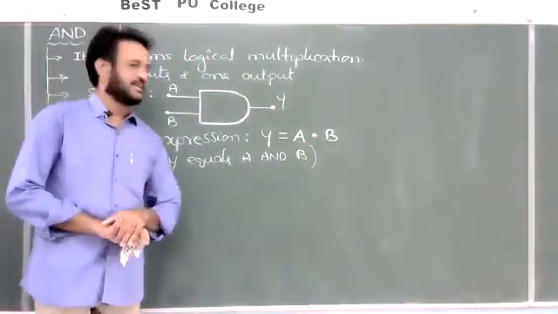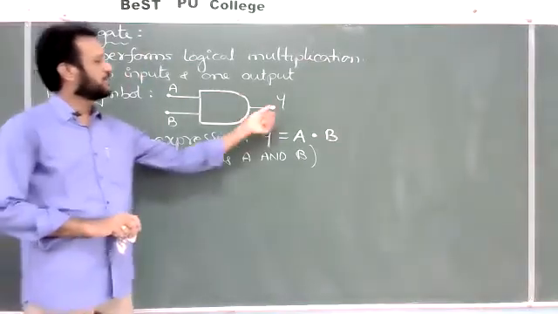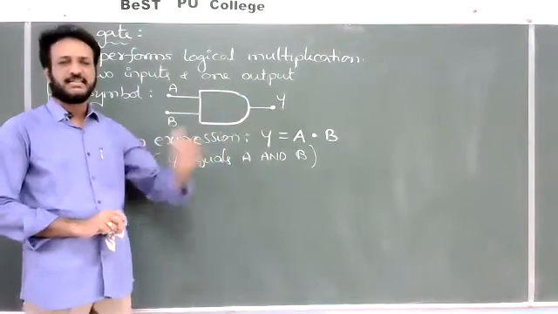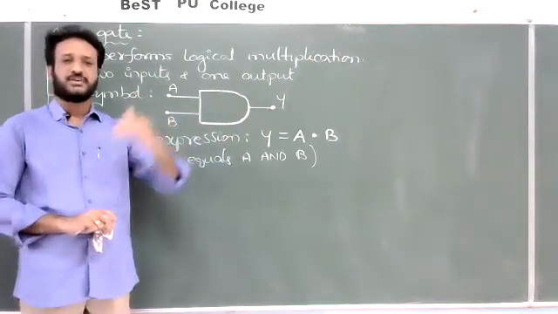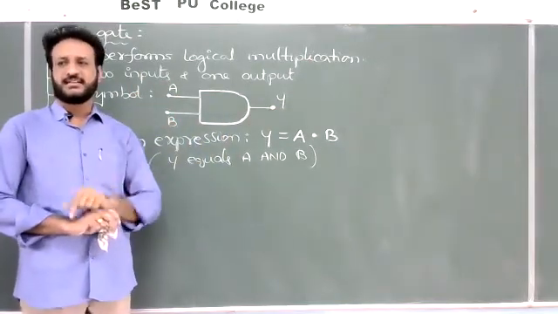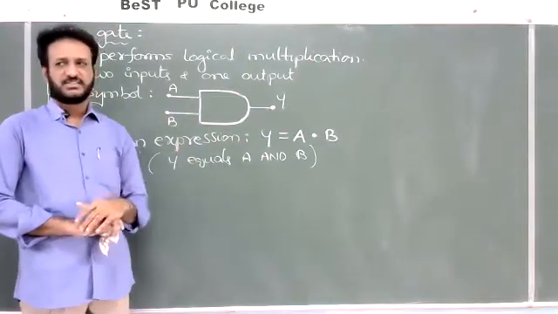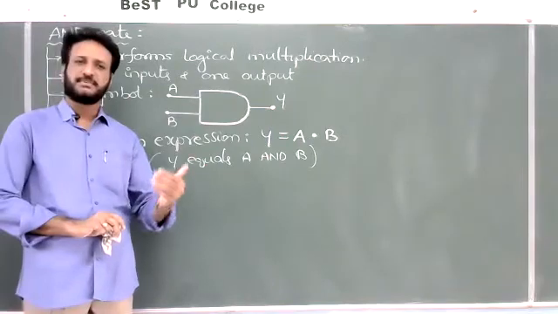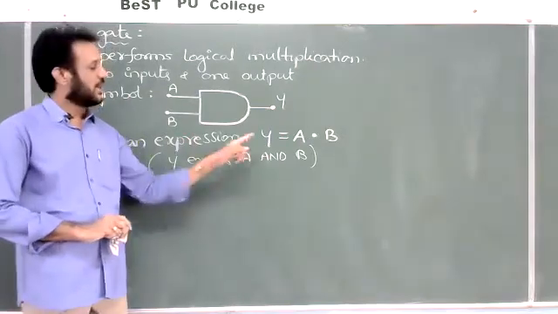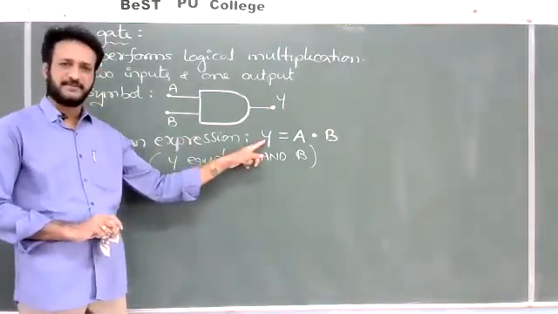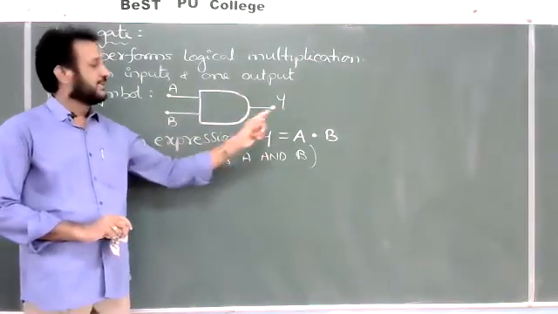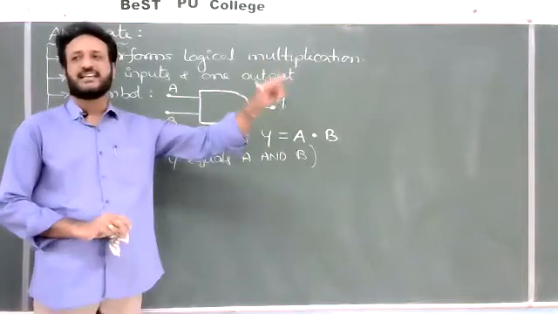So you have to remember carefully. The output of AND gate is high. Yesterday I gave 2 switches connected and one bulb connected, correct? Output high means bulb is glowing. Output low means bulb is off. The output of AND gate is high when A and B are high.